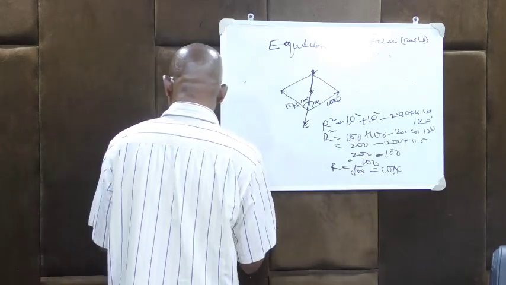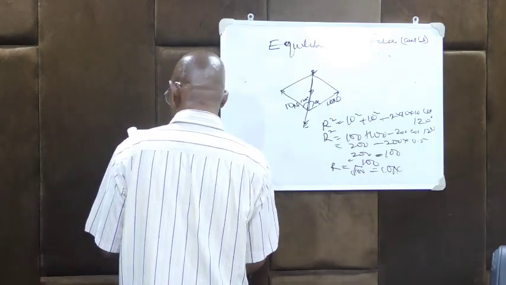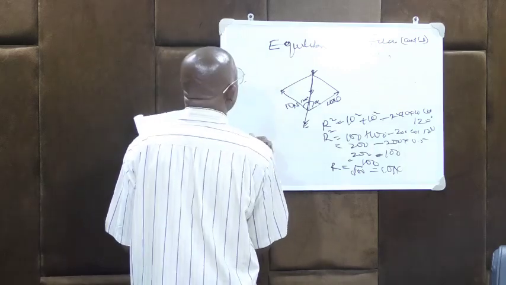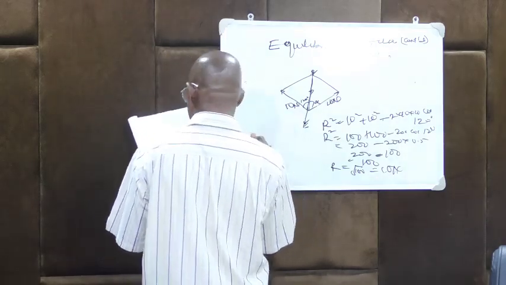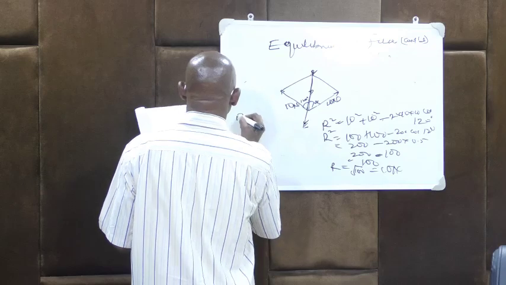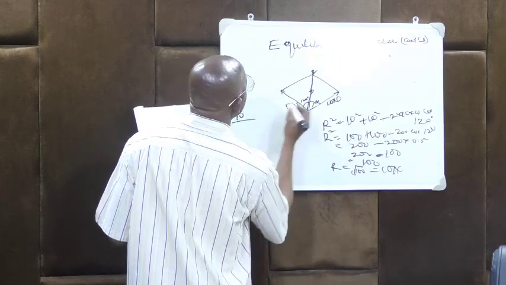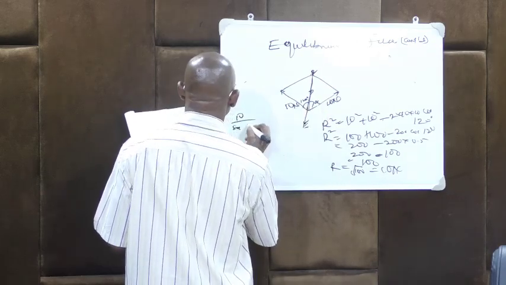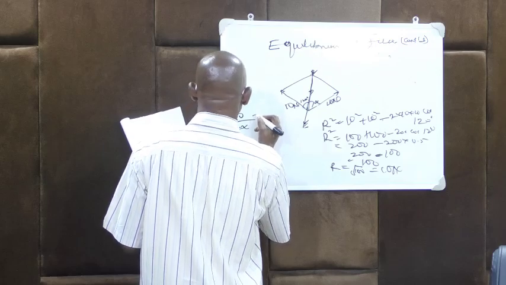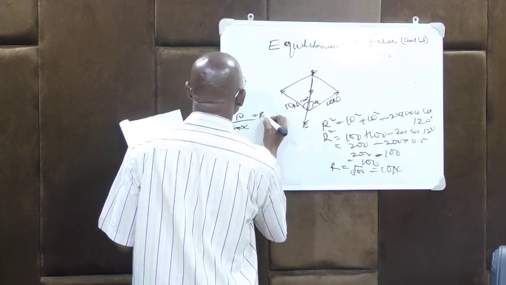So let's go for the sine rule. We can say that A over sine A equals B over sine B. Looking at one side, 10 over sine alpha, alpha being the angle enclosed, equals R over sine of this angle.